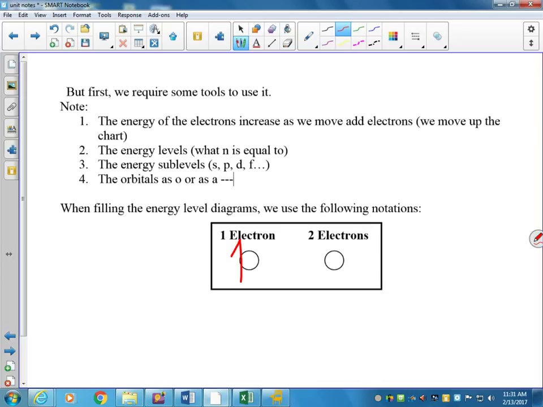Some people draw it as a full arrow or a half arrow. I draw it as a half arrow because when I go to fill in my 2 electrons, I have an arrow up and I have an arrow down, and that's 2 electrons, okay? Some people will fill it out like that. There's nothing wrong with it. Either way you want to fill out your electrons. Good?